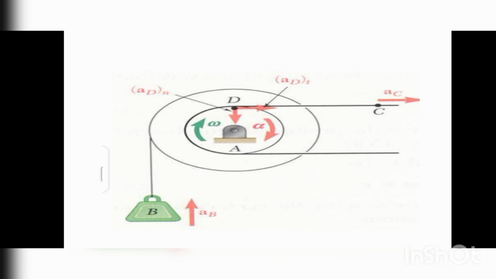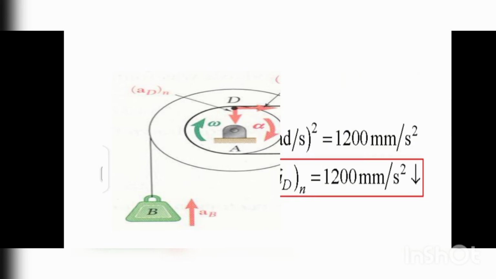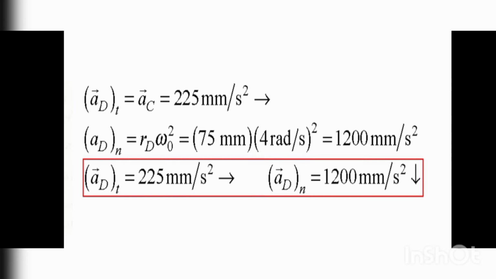So now we're going to evaluate the initial tangential and normal acceleration components of D. Since the tangential acceleration of D is equal to the acceleration of C, the answer is 225 millimeter per second squared.